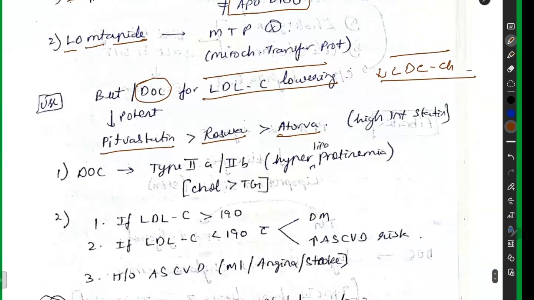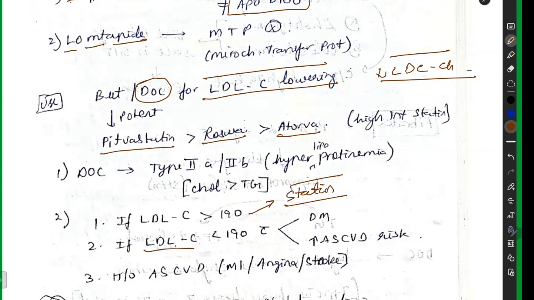So what is the drug of choice in hyperlipoproteinemia? In type 2A or type 2B, in all these conditions, the potent drug of choice is going to be a statin. Now the question comes, if LDL is more than 190, you go for statin drugs.